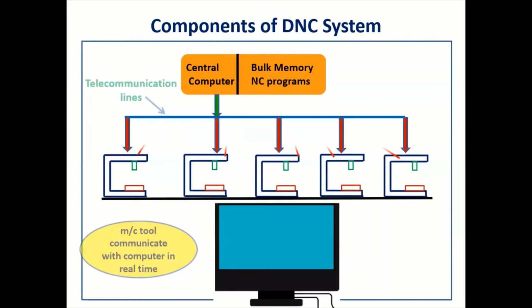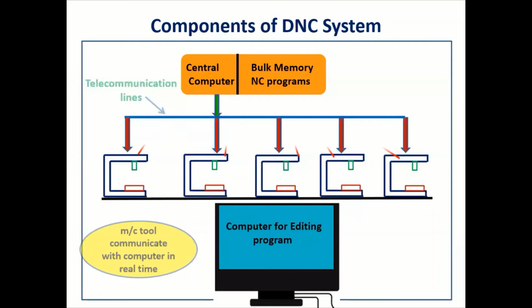The computer can be used here even for program editing. If any mistake happens, you can easily make the edit. As we know, in DNC the central computer is kept away from the machine, so we can easily make changes just by sitting on your chair. So editing is very easy.